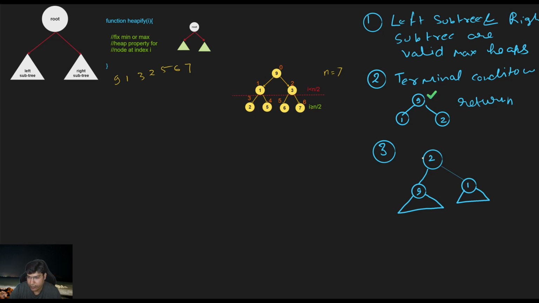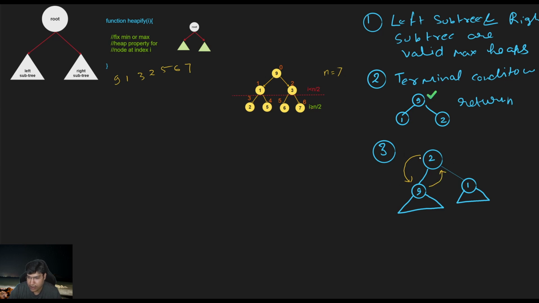In this case, we will swap the root with the root of my left subtree, which is 9. So the largest number is 9, and had 9 been on the right, we would have replaced the root of the right subtree with 2. And then 9 goes up.